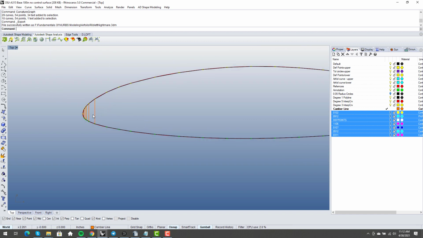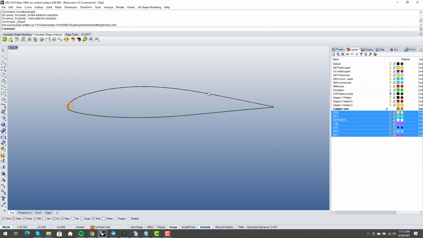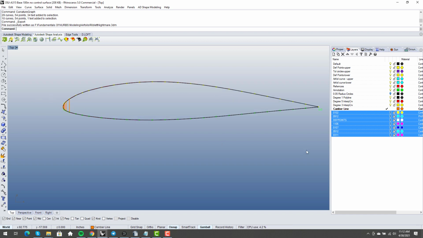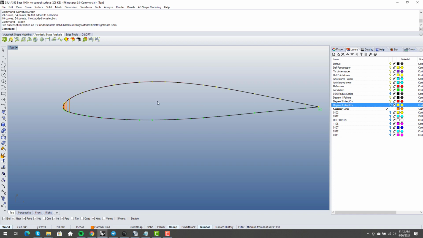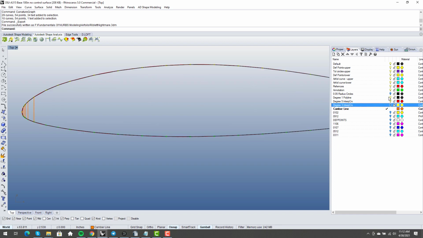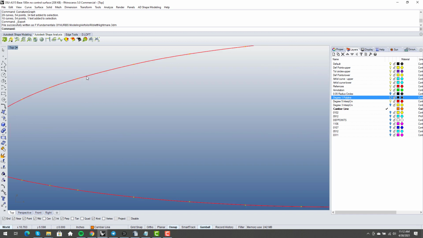But these airfoils come in as just points, and then you can create a degree 1 polyline. You can convert that degree 1 polyline into an interp curve that fits the points, and that's the point at which most people stop. And what they should really be doing is, let me turn off the degree 1 polyline, what they should really be doing, right?